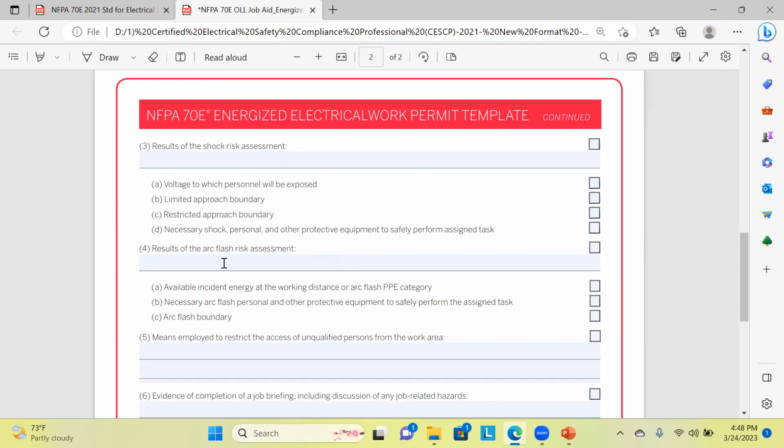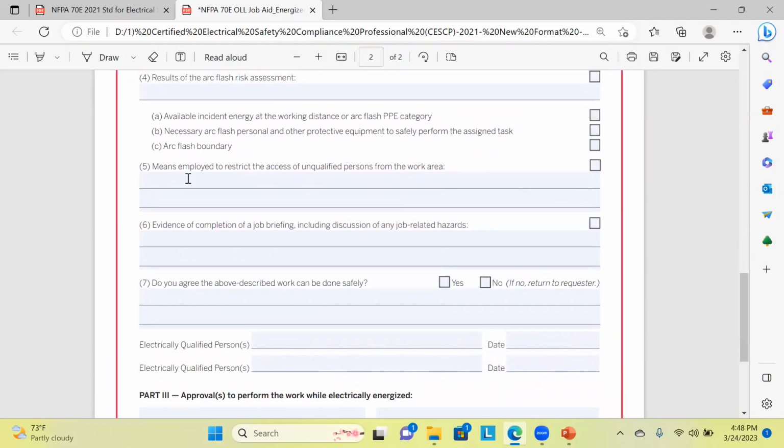Then the arc flash risk assessment: the incident energy available there, the personal protective equipment he will be using, and the arc flash boundary. Then in part number 5, what means he will apply to restrict unqualified persons who want to enter those areas, and how we ensure that those persons are not able to enter.